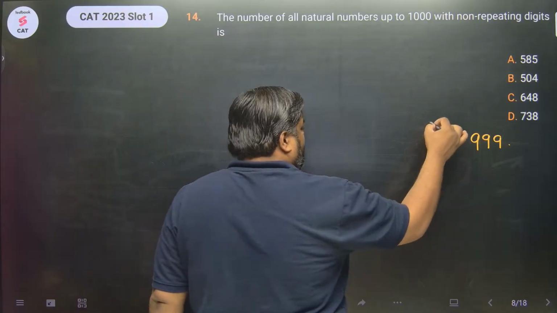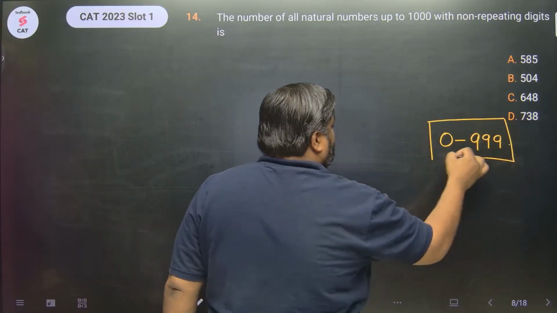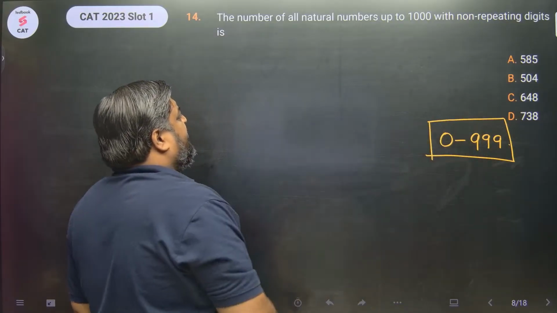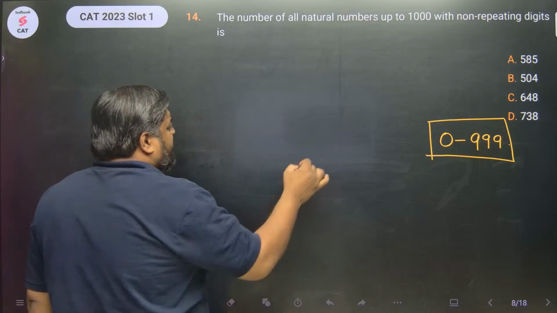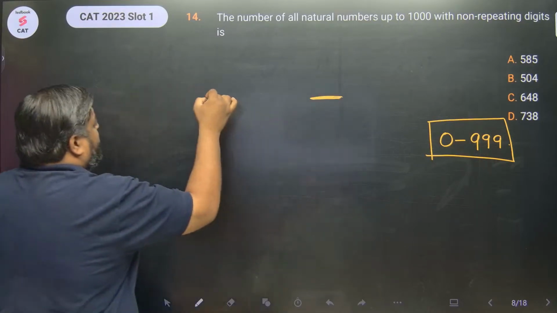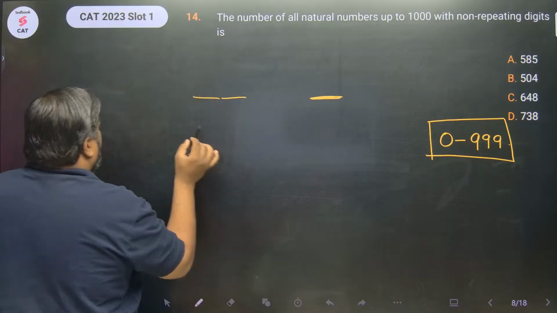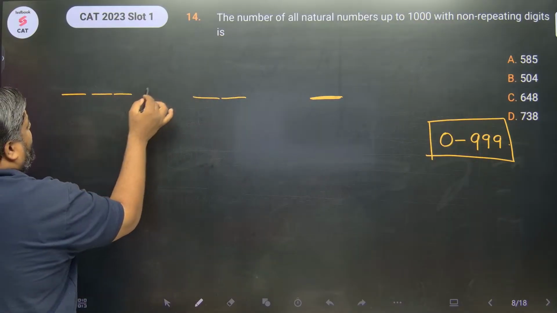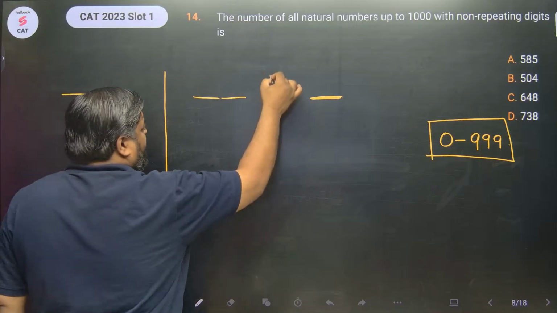So 0 से 999 तक we will look for all those natural numbers where there is no repetition. 3 cases बनेंगे: single digit number, double digit number and 3-digit number, right? There are 3 cases to deal with.